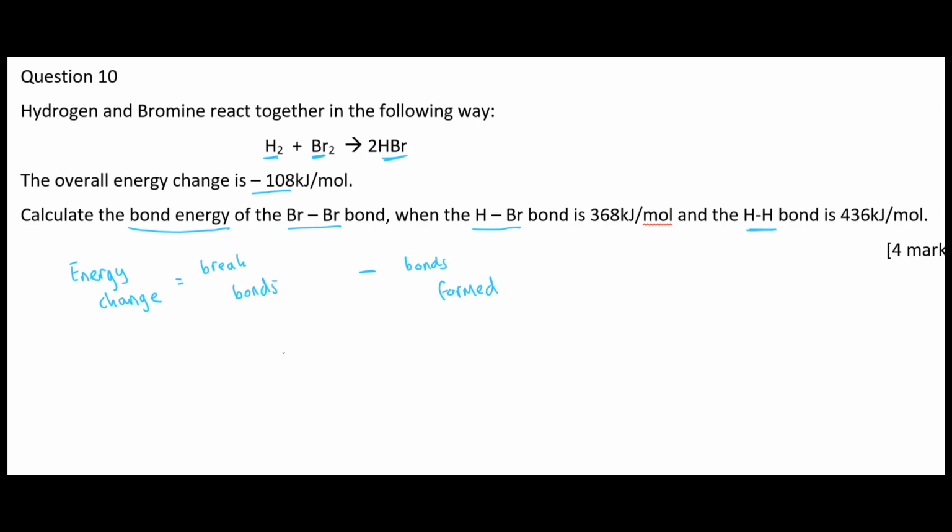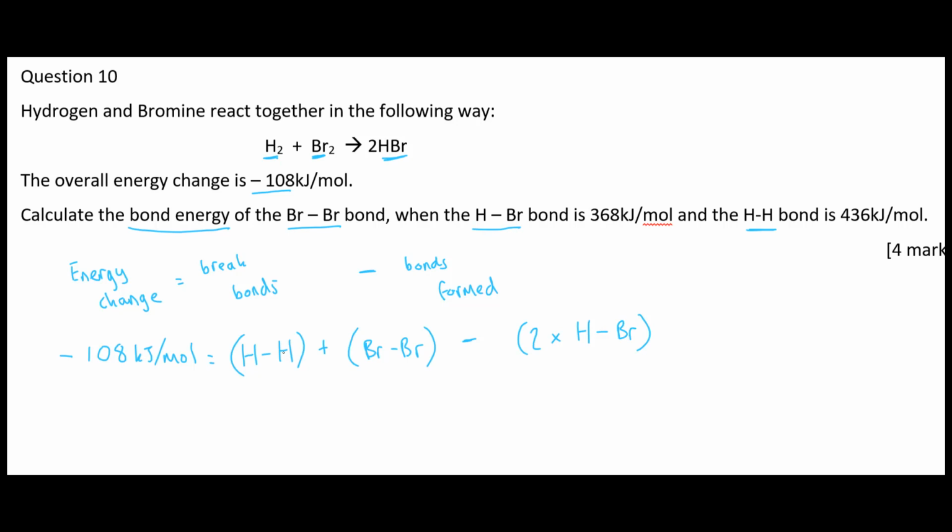Now, we're told that the energy change for this reaction is minus 108 kilojoules per mole. And that is equal to the bonds that we're breaking, which is the hydrogen bond and the bromine bond. And we take away from that 2 of the hydrogen bromide bonds.